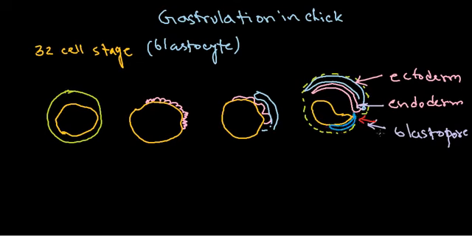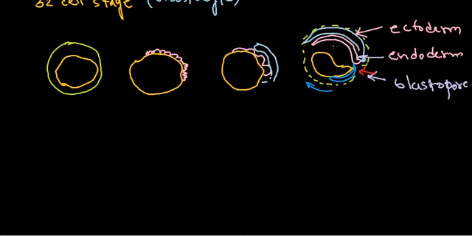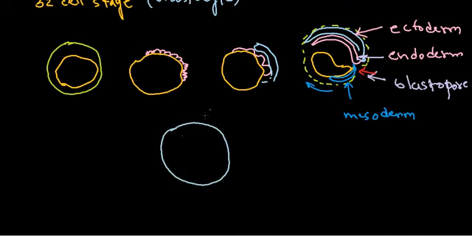This new layer of cells, again from the blastocyte, is moving in an anti-clockwise orientation, and soon it will reach in between these first two layers, and it is termed the mesoderm. After completion of all these stages, we'll see the ectoderm completely outside, the endoderm inside, and the mesoderm in between the ectoderm and endoderm, right?